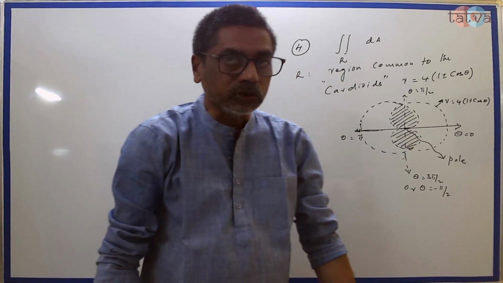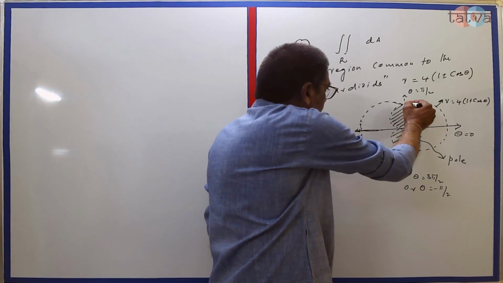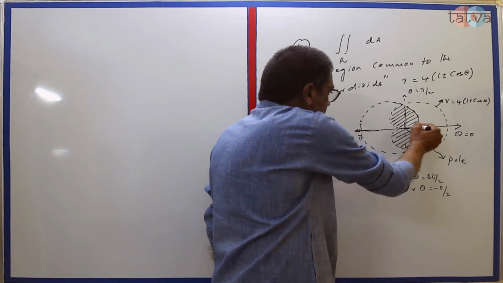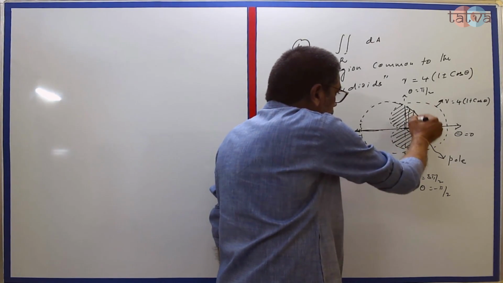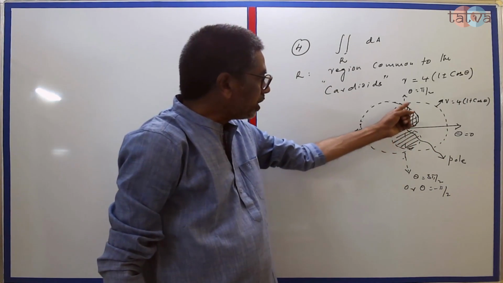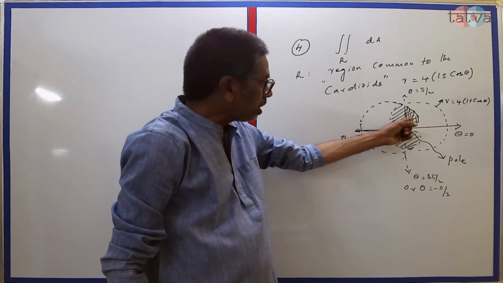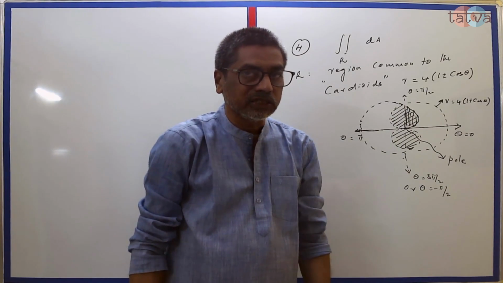So in order to do this, the straightforward approach is to take this part. I will give it a new shade so that it's identifiable. So I will just integrate over this part and multiply 4 times because the remaining 4 segments are also covered.